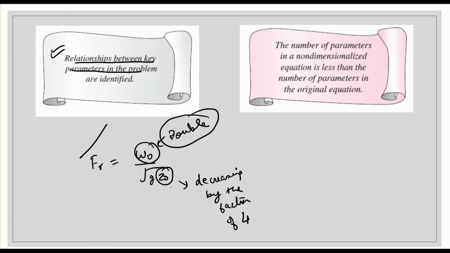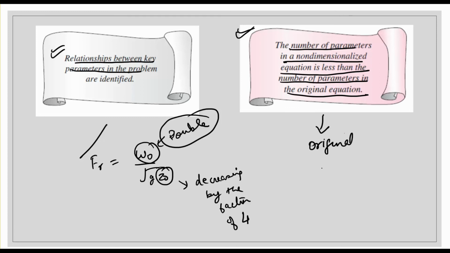So this is the first benefit, and the second is that the number of parameters in the non-dimensionalized equation is less than the number of parameters in the original equation. As you have seen, in the original equation there were three parameters, that were g, omega naught and z naught. Original equation, three parameters.